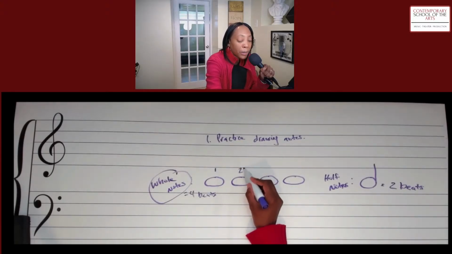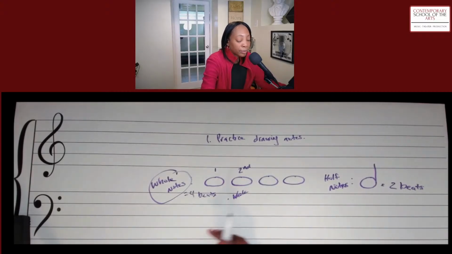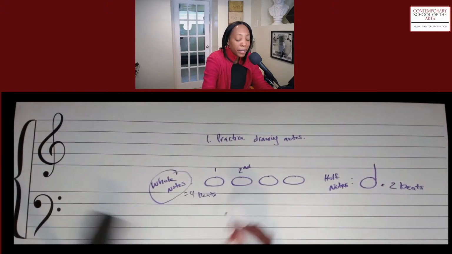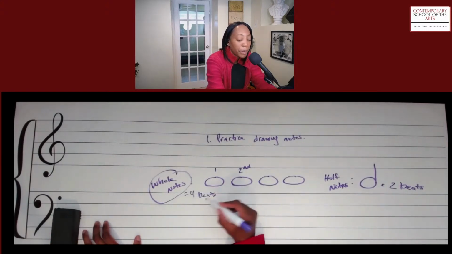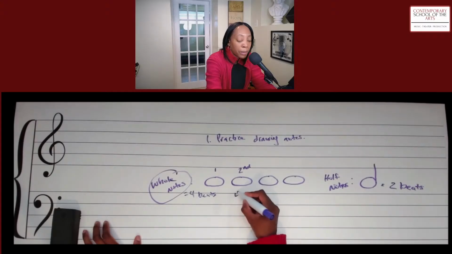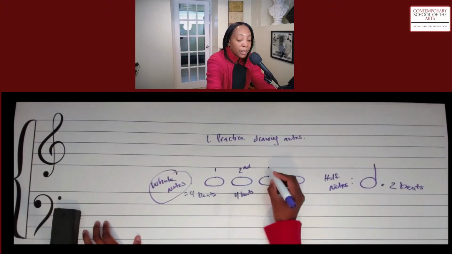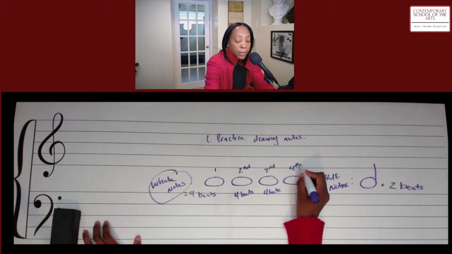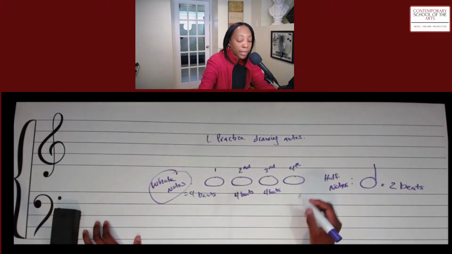This second whole note gets another 4 beats. Let's make sure there's clarity here. First whole note, 4 beats. Second whole note, 4 beats. Third whole note, 4 beats. Fourth whole note, I was just practicing drawing them, and this gets another 4 beats.